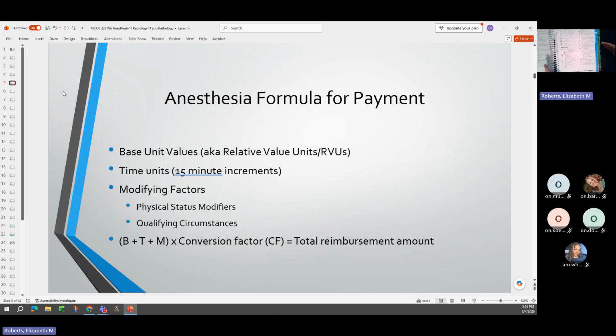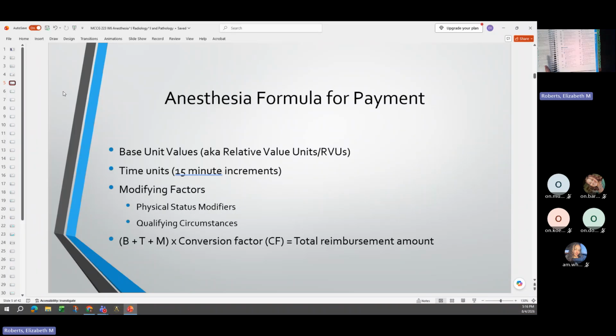The surgeon can report an increased procedural service. Let's say the service on the 85-year-old patient takes twice as long, the patient is extremely medically fragile, and the provider has to do extra work.